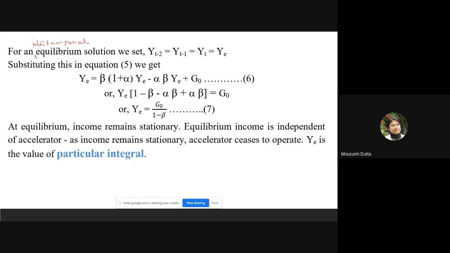Whatever the time, the notion of equilibrium remains unchanged. So for all the periods, the equilibrium value of income is given by Ye.